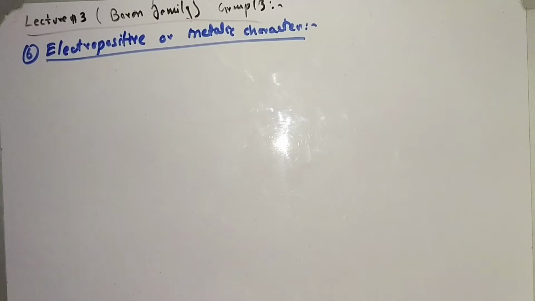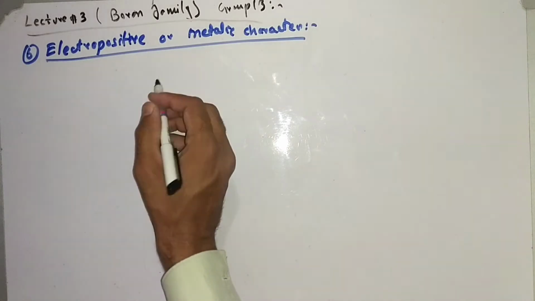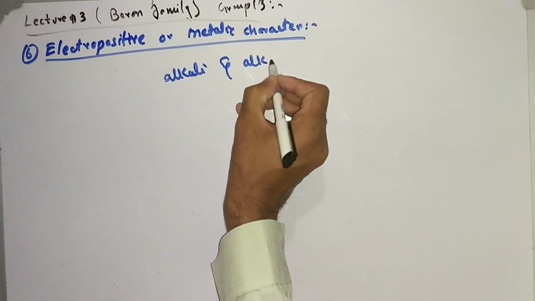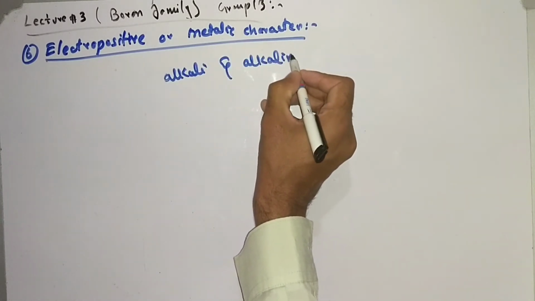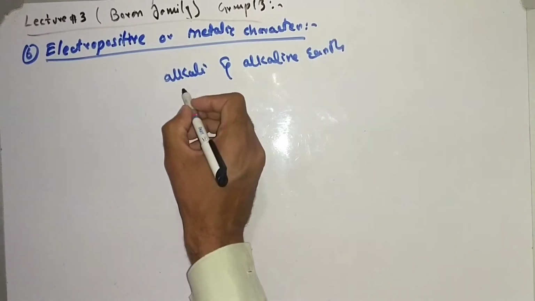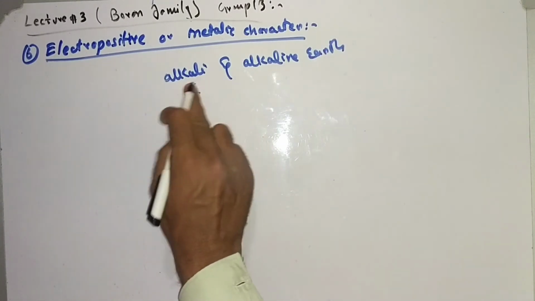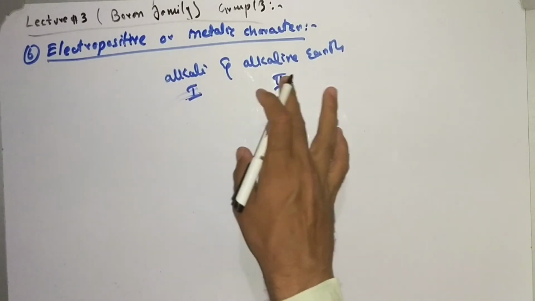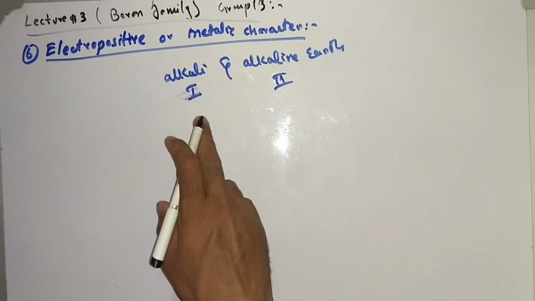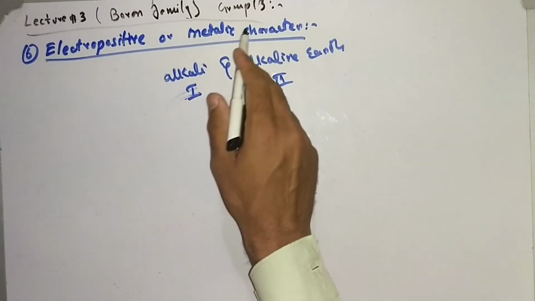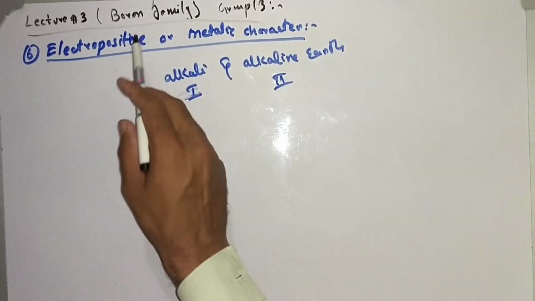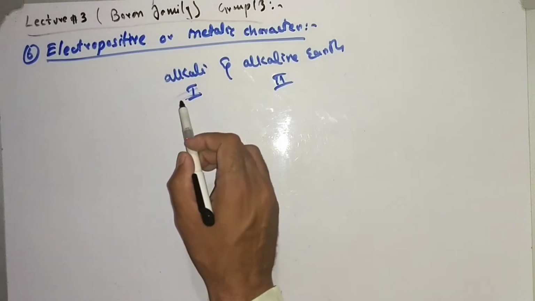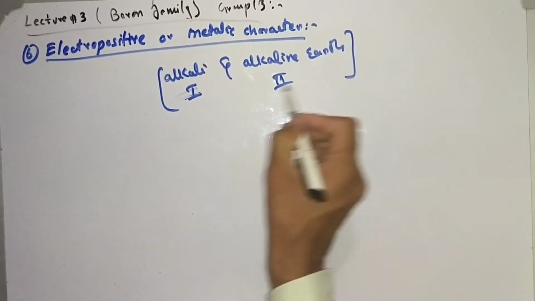The elements of group 13 are less electropositive as compared to the alkali and alkaline earth metals. Group first elements are alkali metals, and group second elements are alkaline earth metals.